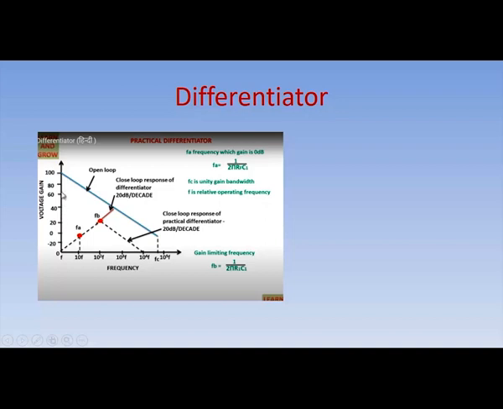For every 10 times increase in frequency, the gain increases at the rate of 20 dB. So, what will happen if the frequency is very high?